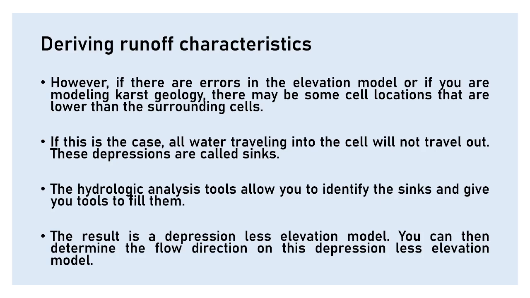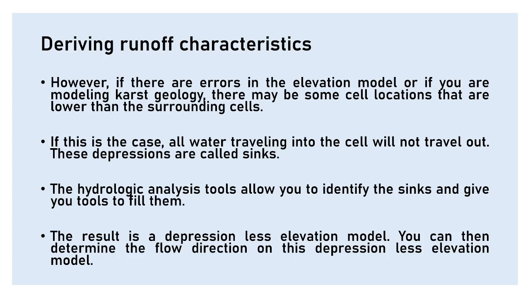But in case of a digital elevation model for a glacial terrain, or for a region with karst geology, there may be some cell locations that are lower than the surrounding cells, and that is normal in that location. It's not an artifact. So in such cases, what happens?